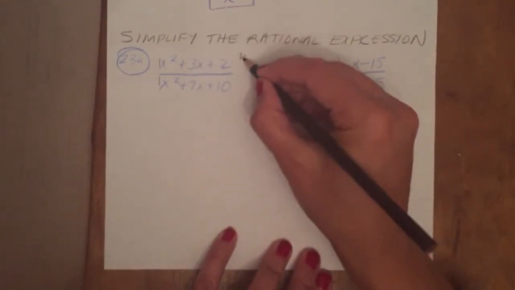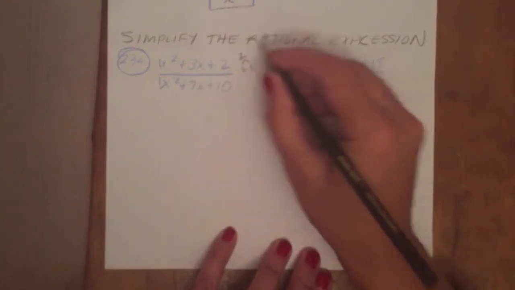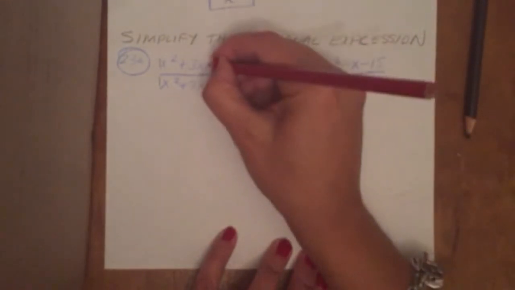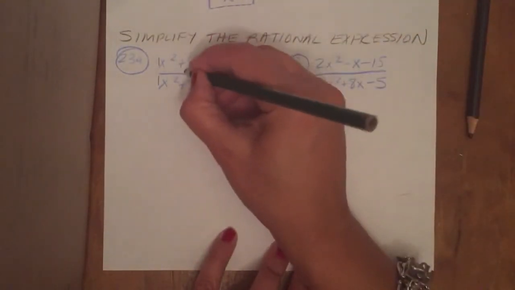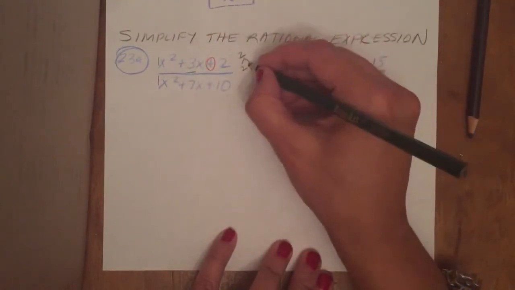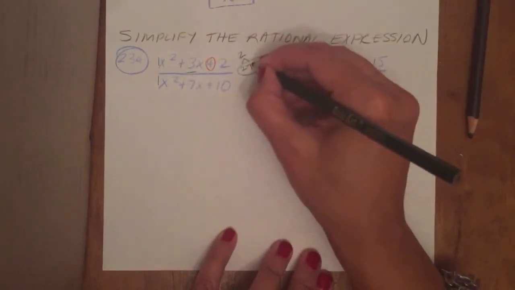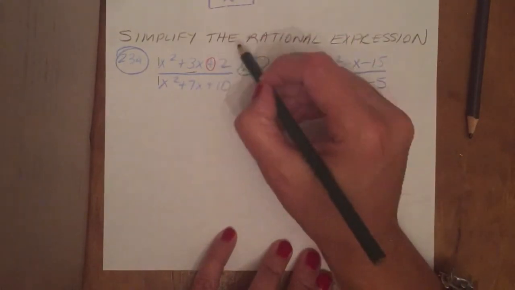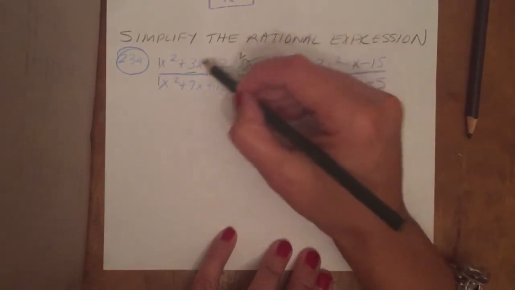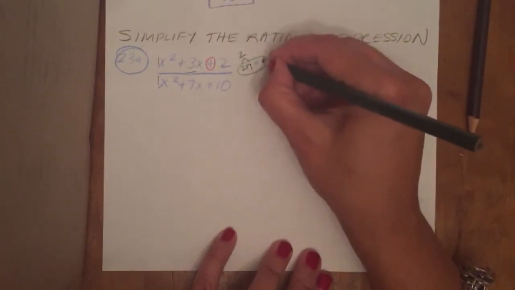I'm going to take the factors of 2 that are going to add to give me 3. 2 factors that are going to add to give me 3, and that's 2 plus 1.